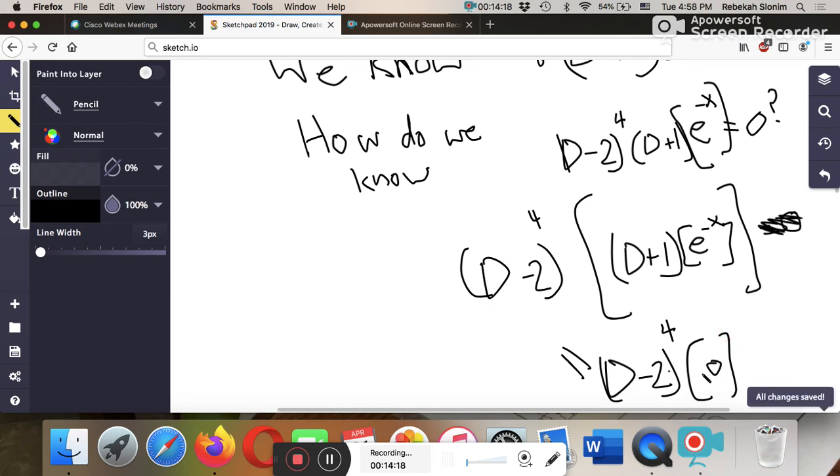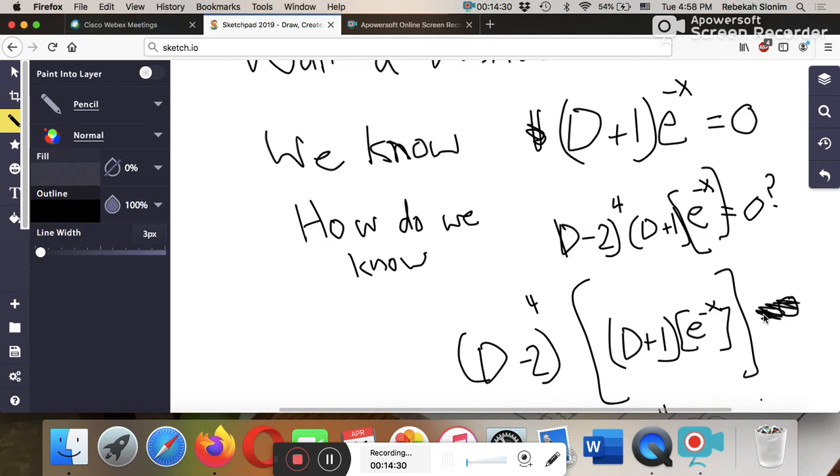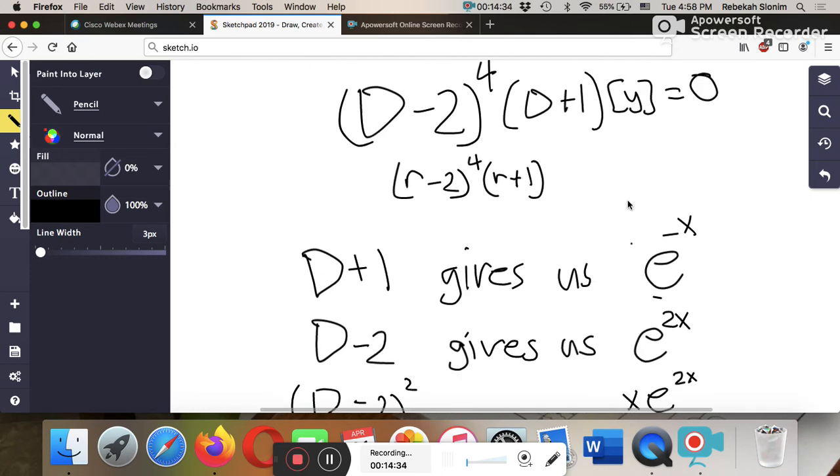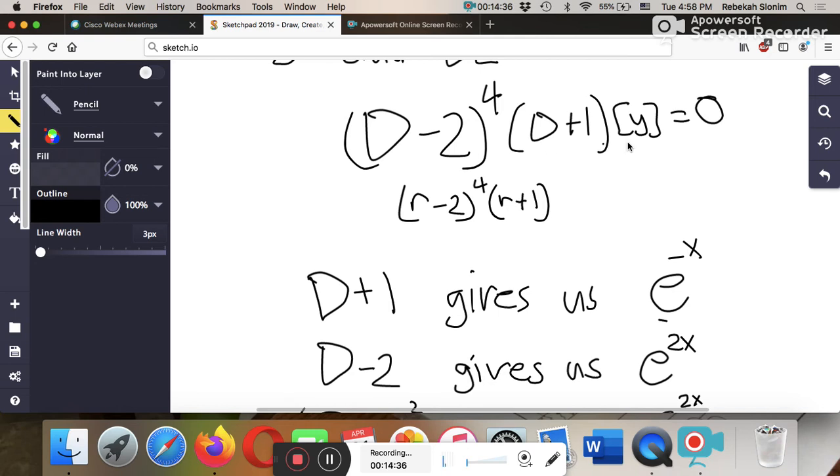What's 2 times 0? 0. And you just keep doing 0, 0, 0, 0, and you're going to get 0. Any linear differential operator, when you apply it to 0, is just going to give you 0. So that's why, if we know that the first term annihilates a certain function like e to the negative x, then we know that the whole thing does, and when I say first, I mean the one on the far right.